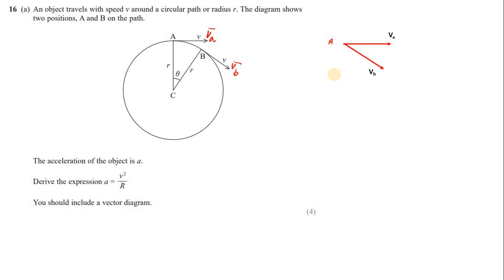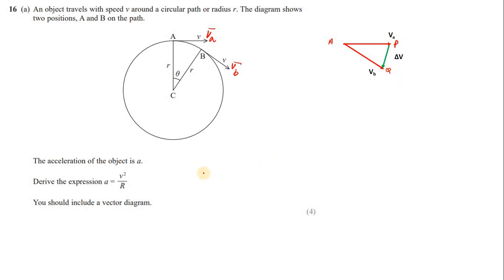That's how the velocity direction is changing. Now if you join the heads of these two vectors, this is the change in velocity, delta v. So we have a triangle, and you can name the two vertices of your choice. I'm giving APQ. This is triangle APQ.